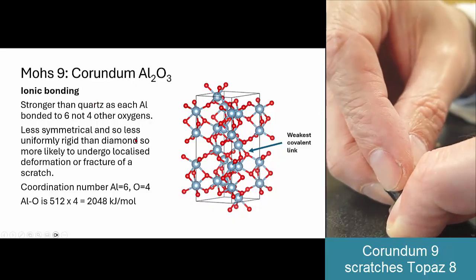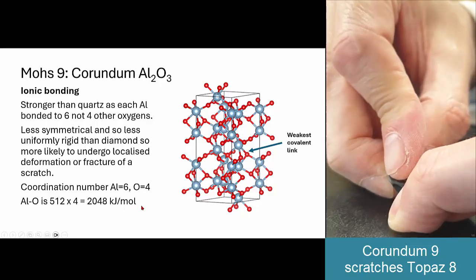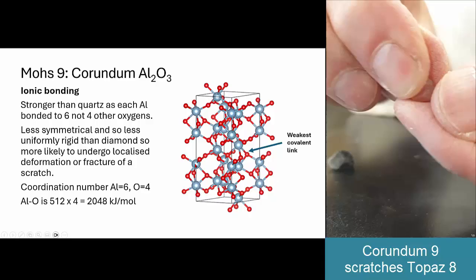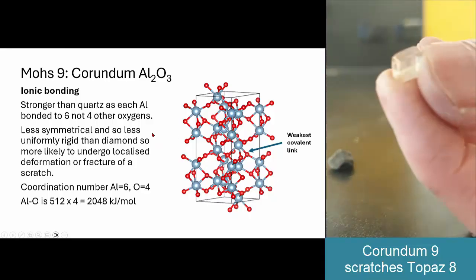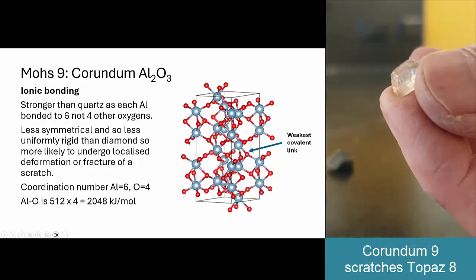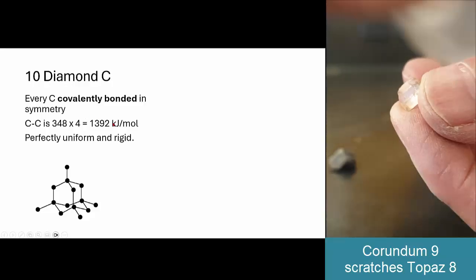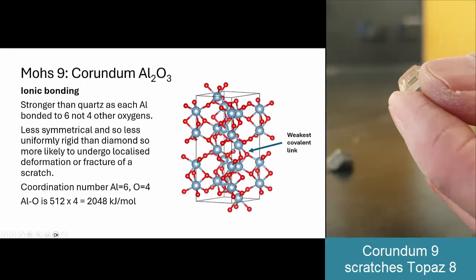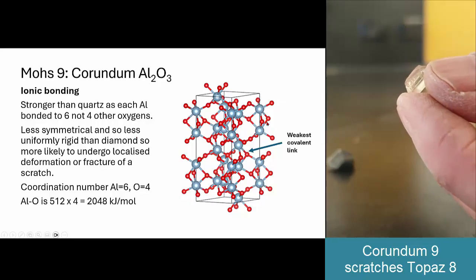They're both quite strong. And you can see there that number is quite high if we were to take the lattice enthalpy of dissociation, which means just break it all up into gaseous atoms. And so it's like diamond in that the whole thing's ionic bonds as opposed to the whole thing being covalent bonds. But it is not as good as diamond in that it's got a variation in its structure.